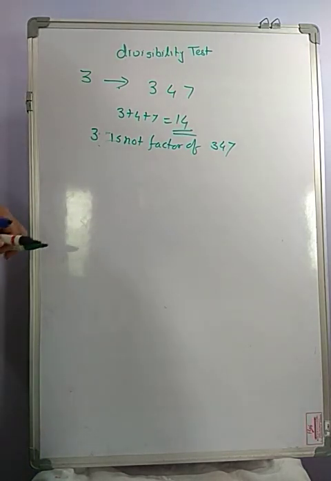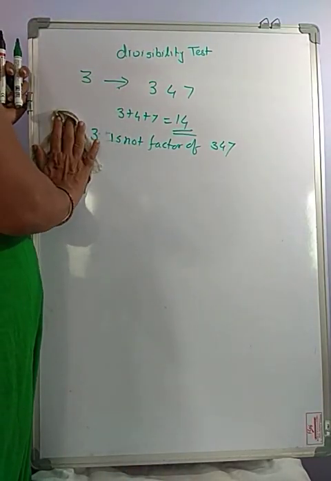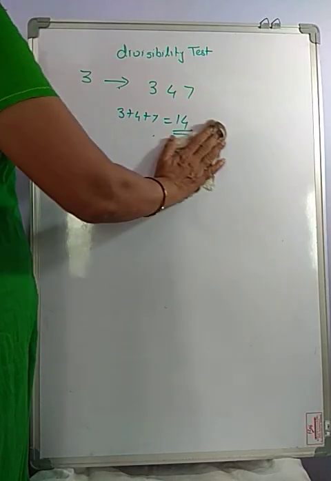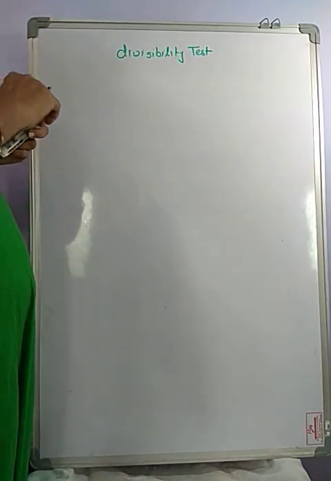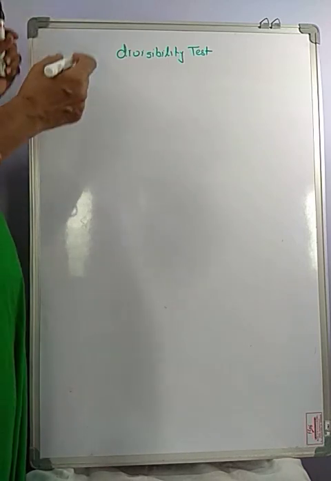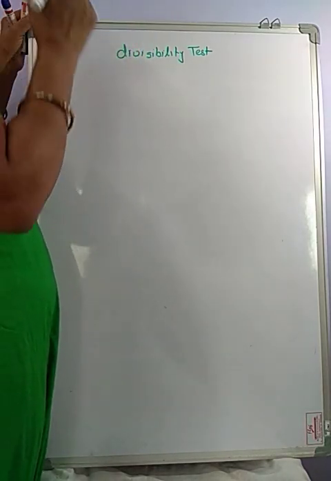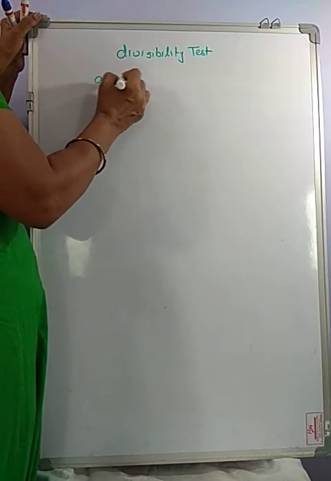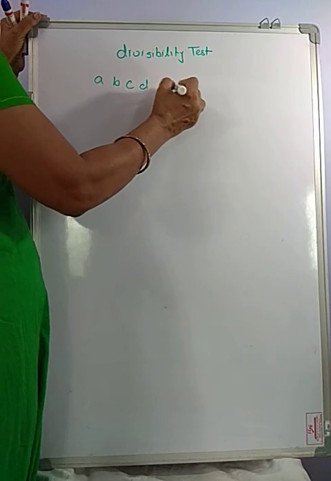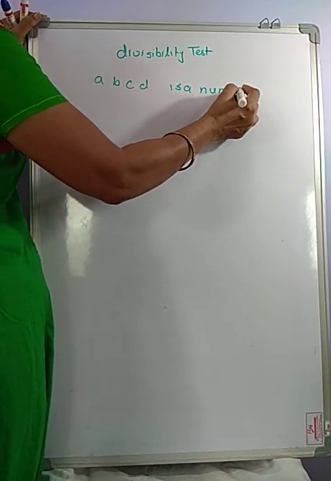How do we decide that only the sum of the digits matters? Let us take A for 3, B for 4 and C for 7. We can take any number of digits, but for simplification let me take a 4-digit number ABCD.